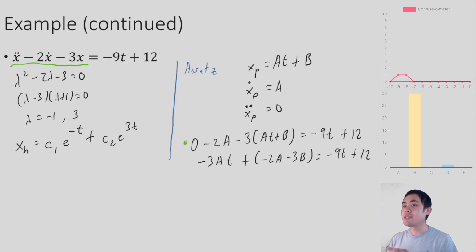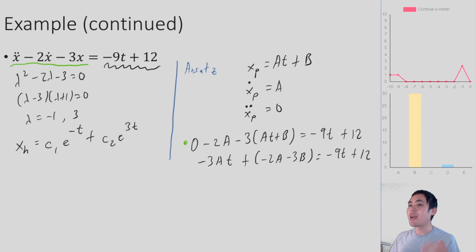Can you explain the ansatz again? Yes, so this is what we spent a lot of time working on Wednesday, which is how do we guess a particular solution? Well, the answer to that is you want the guess to look like the right-hand side of the inhomogeneous equation. And the right-hand side here is minus 9t plus 12, and so one reasonable guess is that it's going to be some constant times t plus some other constant.